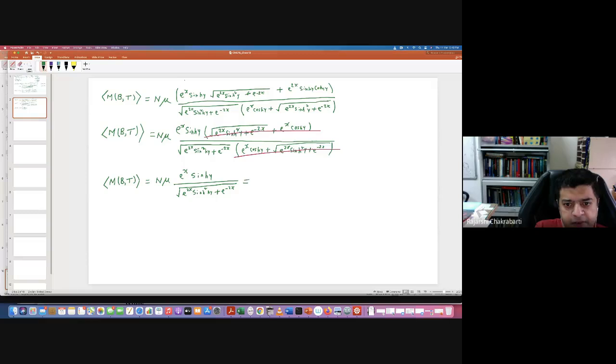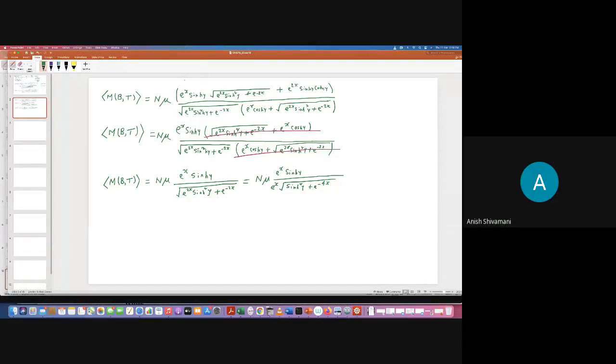This one I can further simplify. I take the exponential of 2x common from the root, so outside it will become x. This is fine, the way I've written. Is this fine the way I've written it? Should be fine, no? Yes, sir.